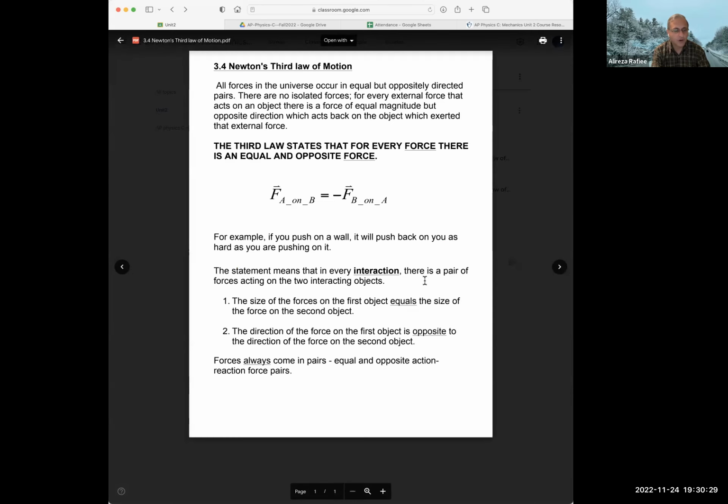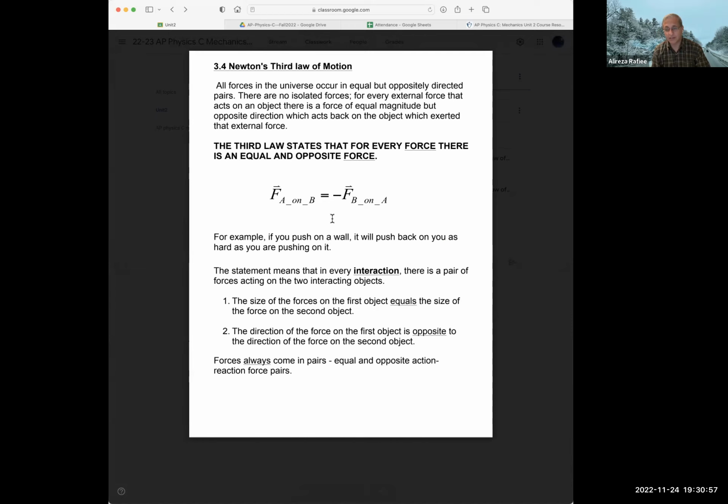And then Newton's third law guarantees that for every action, there is a reaction. Action and reaction are exerted on two different objects, so they cannot cancel each other. When you are sitting on a chair, there is the force that the Earth is pulling you down, and the force the chair exerts on you as a normal force.